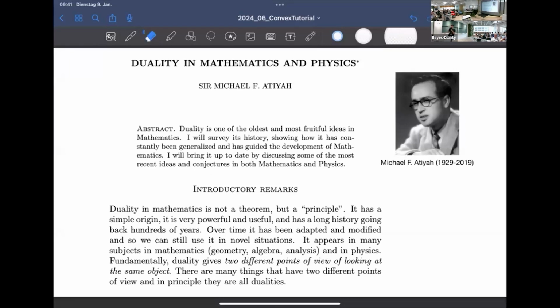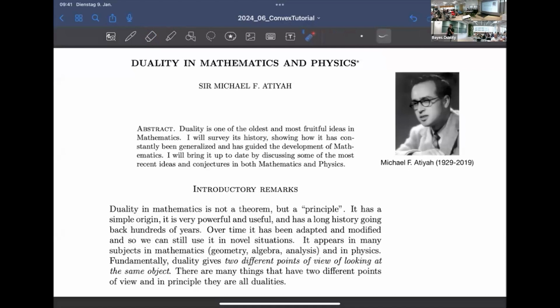It appears in many subjects in mathematics, geometry, algebra, analysis, and also in physics. Fundamentally, duality gives two different points of view of looking at the same object. There are many things that have two different points of view, and in principle, they are all dualities. That's his definition, and I think it's quite nice and open-minded that we can call many things duality, and it doesn't have to be restricted to optimization viewpoints.